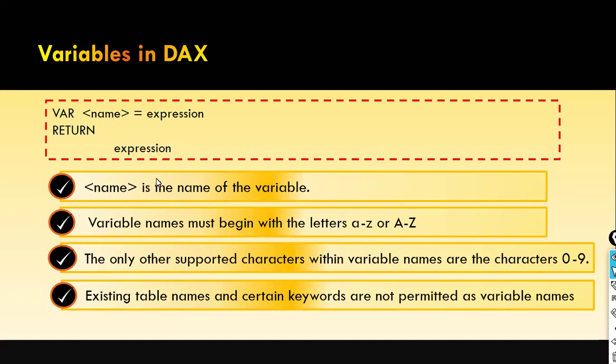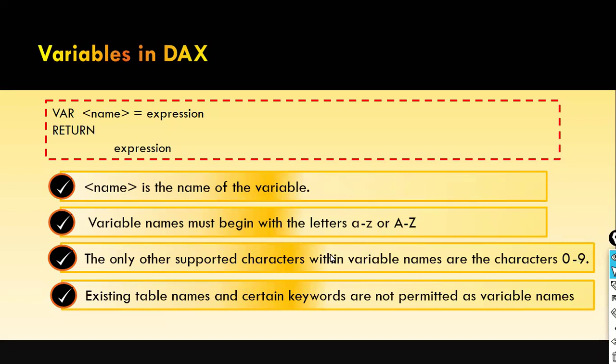There is a rule in terms of defining the variable name. The variable name can use the alphabets A to Z, lowercase or uppercase, and the only other supported characters are 0 to 9. But the variable name should start with an alphabet. You cannot start with a numerical value. Remember that.